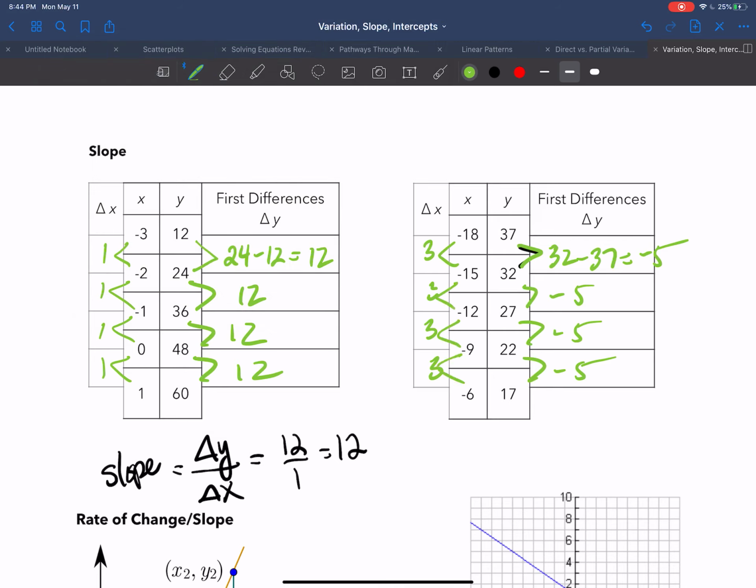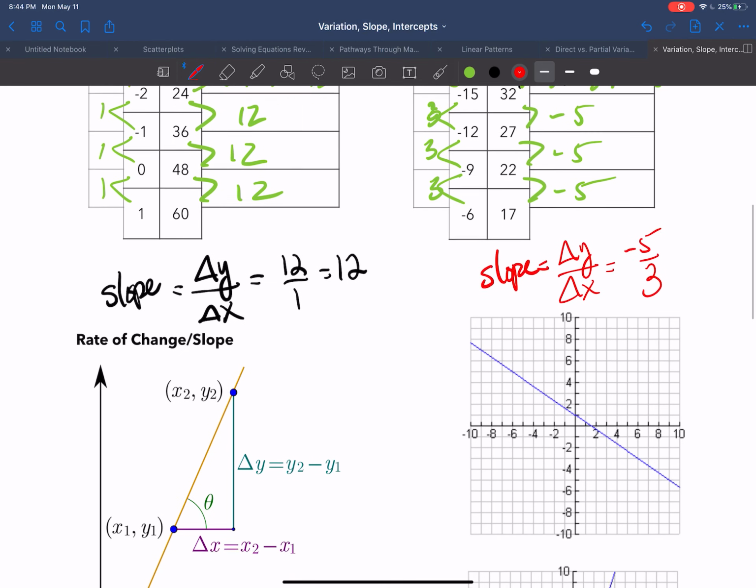So the difference in the x's is 3. Now if I calculate delta y over delta x, my slope, I get -5 over 3. So for every increase of 1 in x, my y is decreasing by 5 over 3. That's in the table of values.